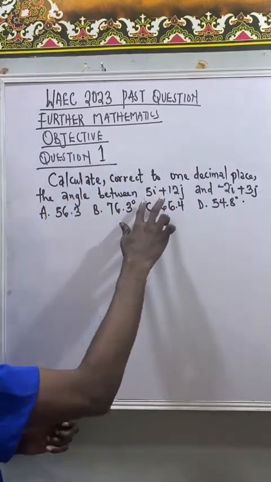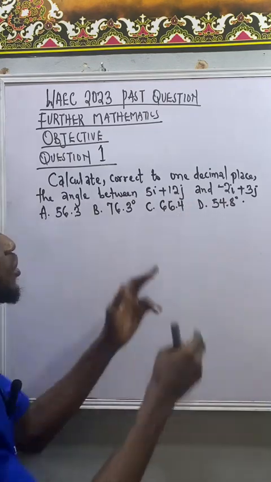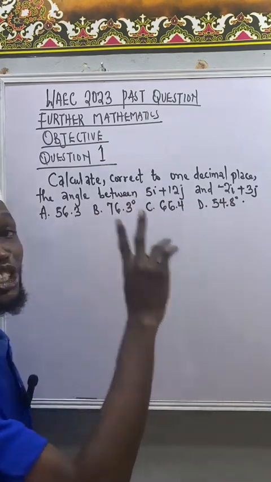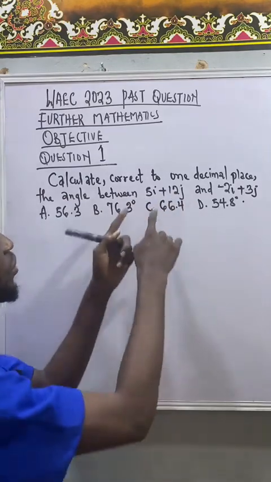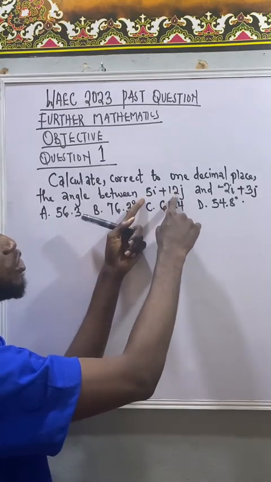First of all, looking at the two given vectors, we see that they are two-dimensional vectors because they have two components. This is component 1, component 2.